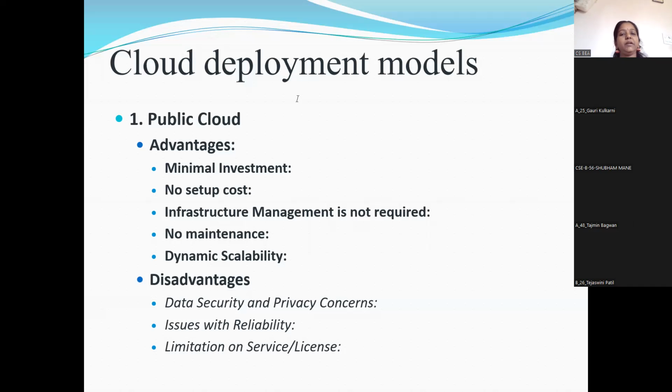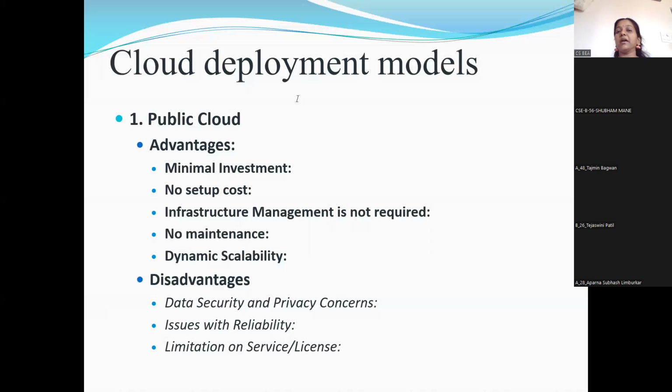And then limitation on service or license. That means while there are numerous resources that you may share with the renters, there is a limit on how much you can use. So suppose I want data of about 1.5 GB, but the service provider is giving you only 1 GB.